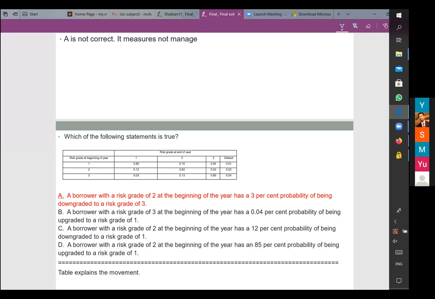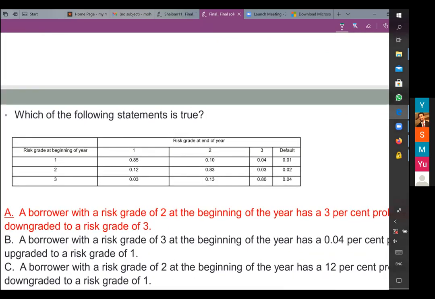I want you just to look at the mortality. When we talk about a borrower with a risk grade of 2, this one, this is about the migration. This was 100% in this class at the beginning of the year. And this is what happened during the year.